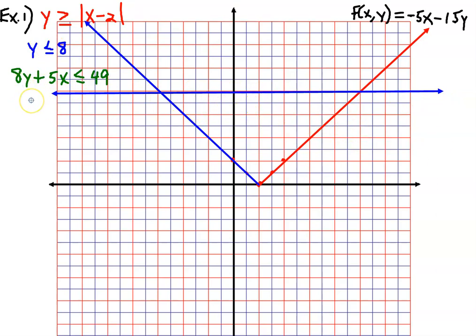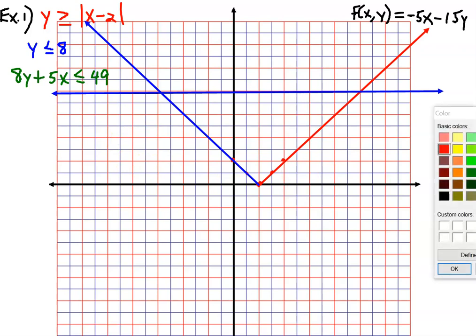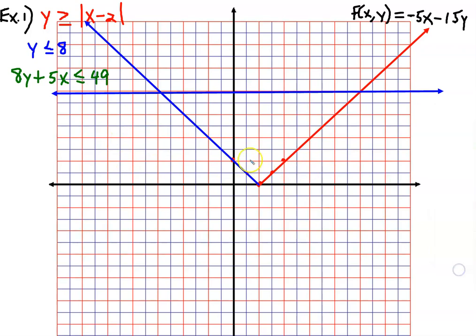And now we'll do the green, and we can do this one using x and y intercepts. So the y-intercept will be 49 divided by 8. That's 6.125. So the y-intercept is just a little bit above 6.